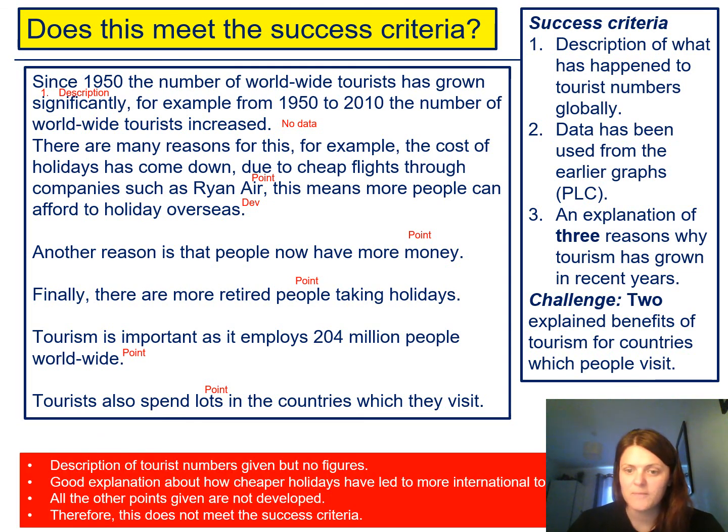So overall, the description is good, but they've not given any figures. They've got a good explanation of how cheaper holidays have led to more international travel, and all other points are given, but they're not developed. Therefore, it does not meet the success criteria. If they developed these points here, explained them, they would have got 4 marks. So go back to your task and give yourself a good half an hour to write it, guys. Good luck.